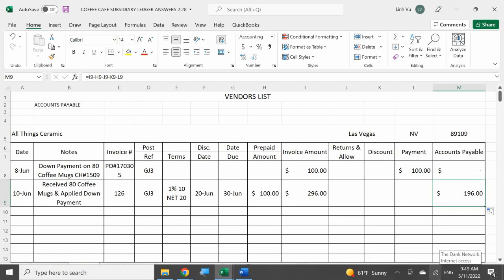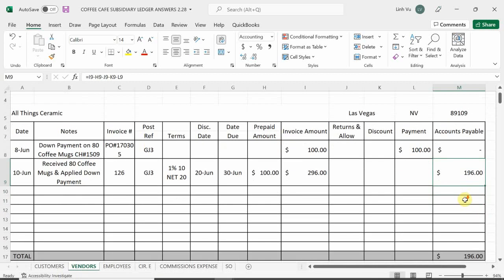Okay, so in this case, that's how I want you to do it. When you actually use or apply the prepaid, then when you receive the bill, you apply it to the invoice just like this. Because now this bill for the invoice number 126 does tell me that I owe $196.